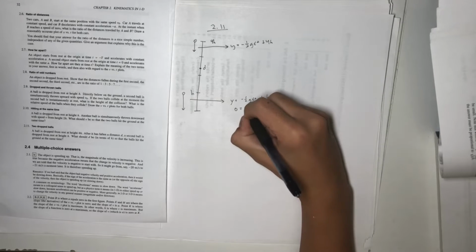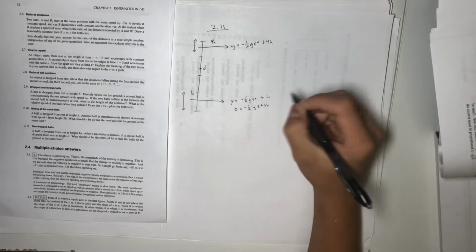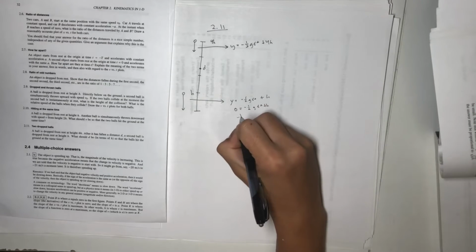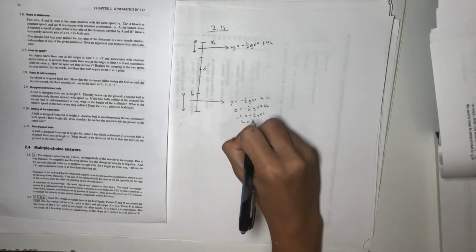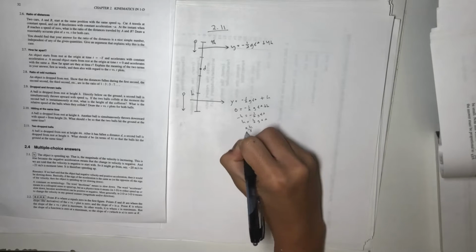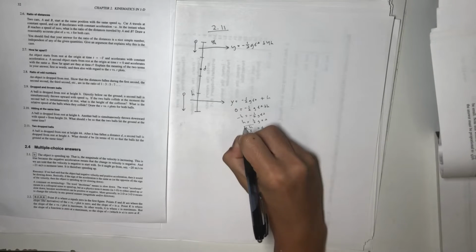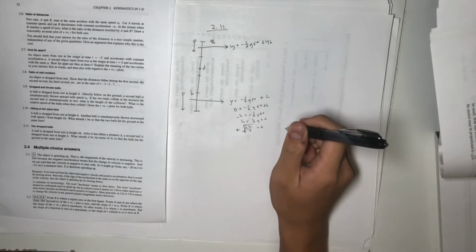Once we get the amount of time, we can just put this here, make it positive. 2h over g, radical. Alright, so at that time, it has to be positive because time can't be negative in this case.